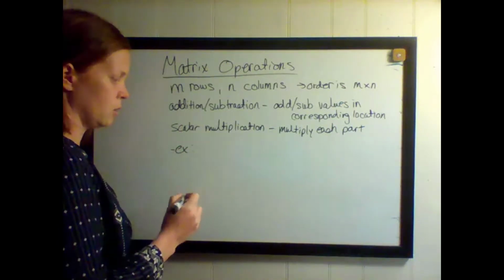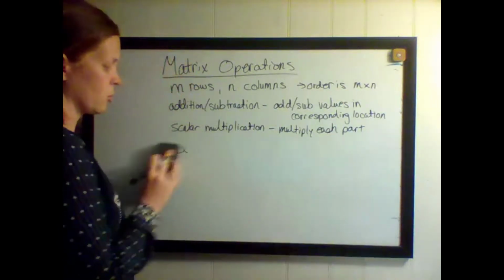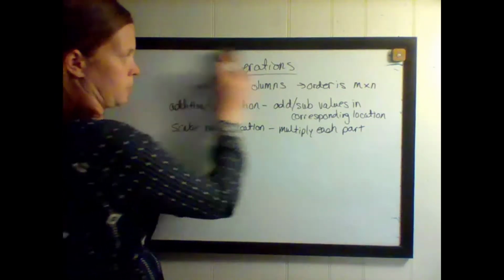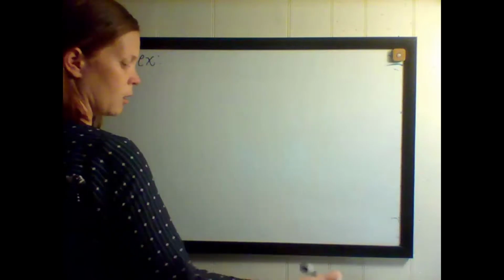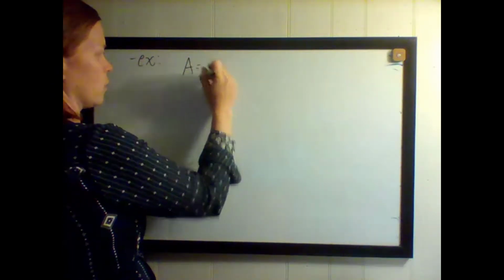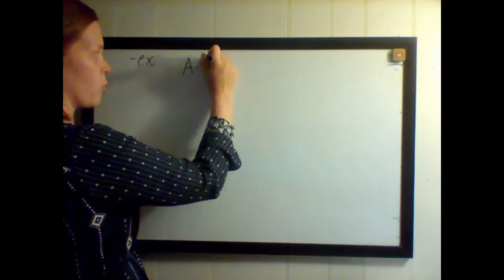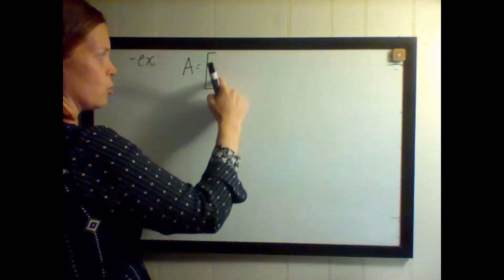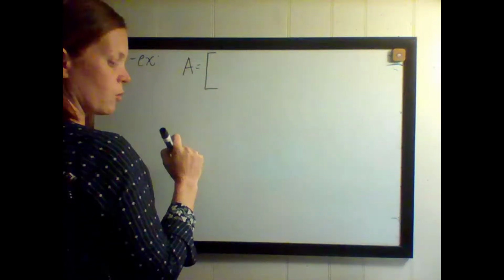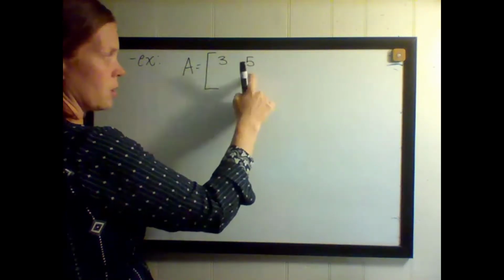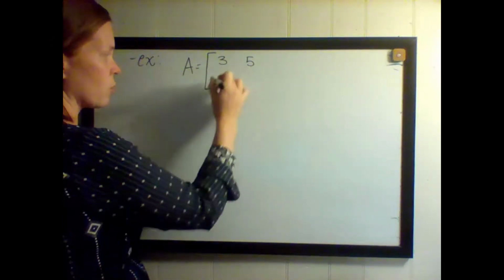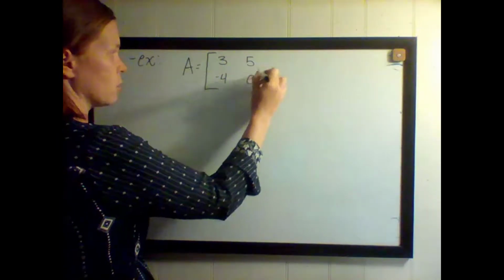So for example, let's look at, I think I'm going to run out of room, so I'm going to have to erase this. Let's say matrix A is, and how we show this is with a bracket, and I'm going to have two rows here. The first row is 3 and then 5 in the next column, and my next row is -4, 0.